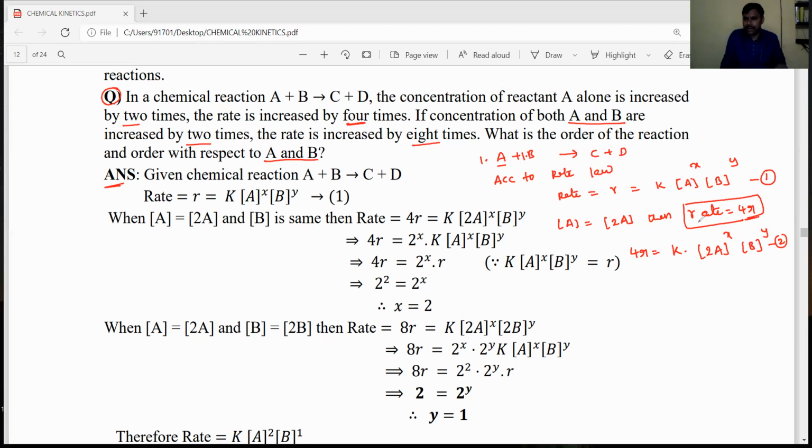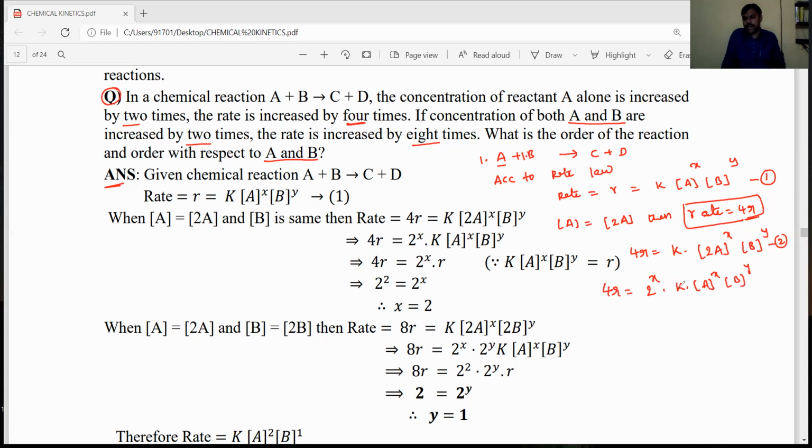4R is equal to K into (2A) whole to the power x, that is 2 power x into K into concentration of A to the power x into concentration of B to the power y.